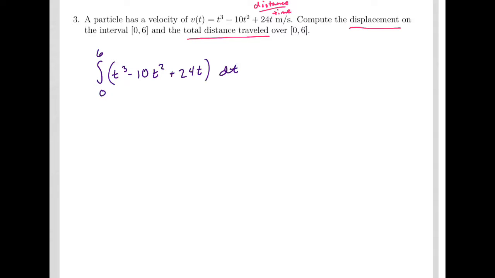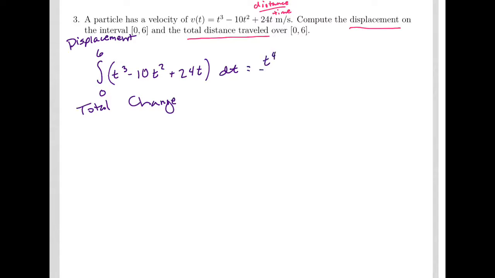Okay, so this is displacement, because this is a total change. And the total change does not care if you had some increases in the middle there, some decreases in the middle. It's just the difference between the beginning point and the ending point, which was the definition of displacement. And so we go through and we take our antiderivatives.